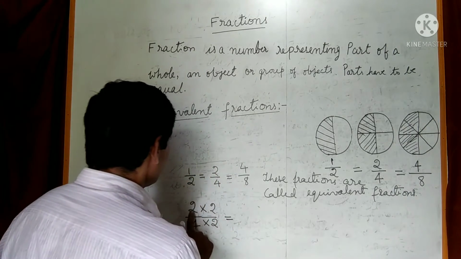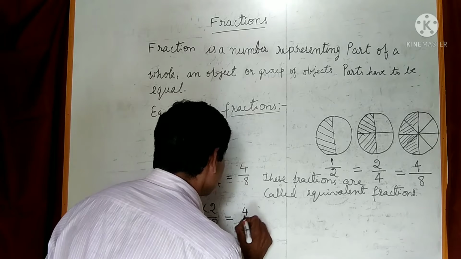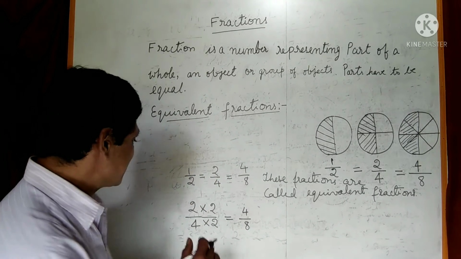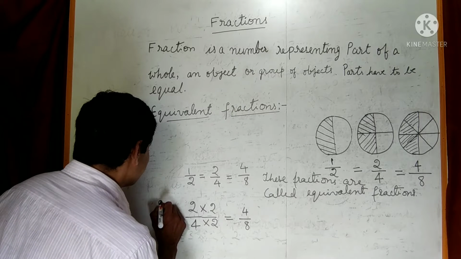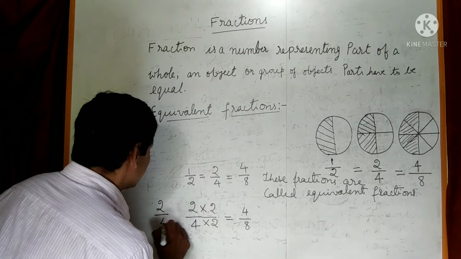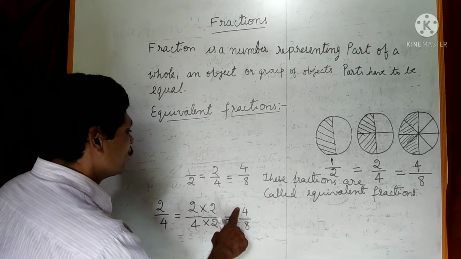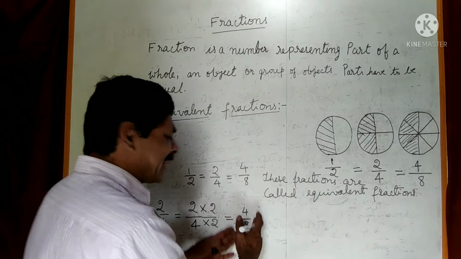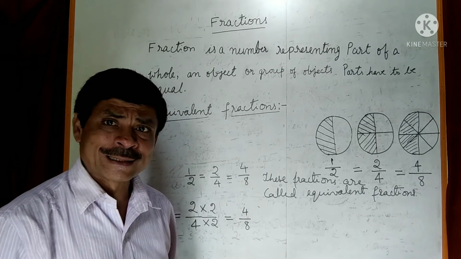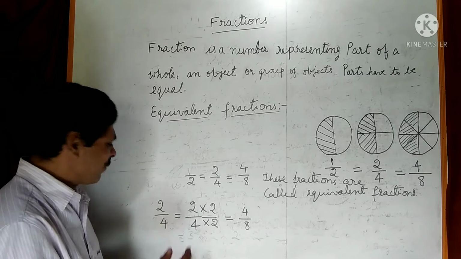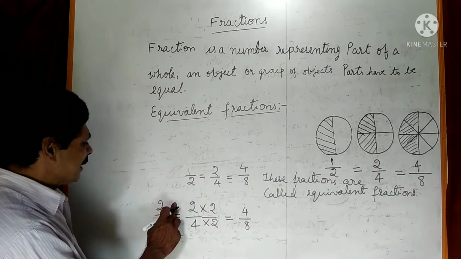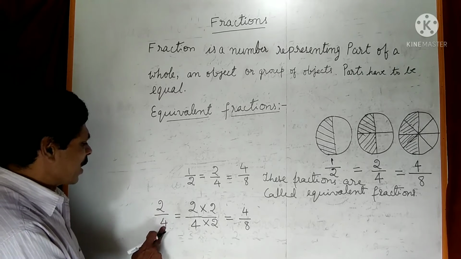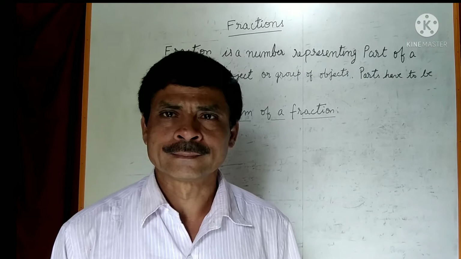This is equal to 2 into 2, 4 into 2, that is 4 by 8. This means that you can get equivalent fraction of 2 by 4 is equal to 4 by 8. You can find any number of equivalent fractions of the same fraction. If you multiply again into 3 and this is also into 3, you will get 6 divided by 12.